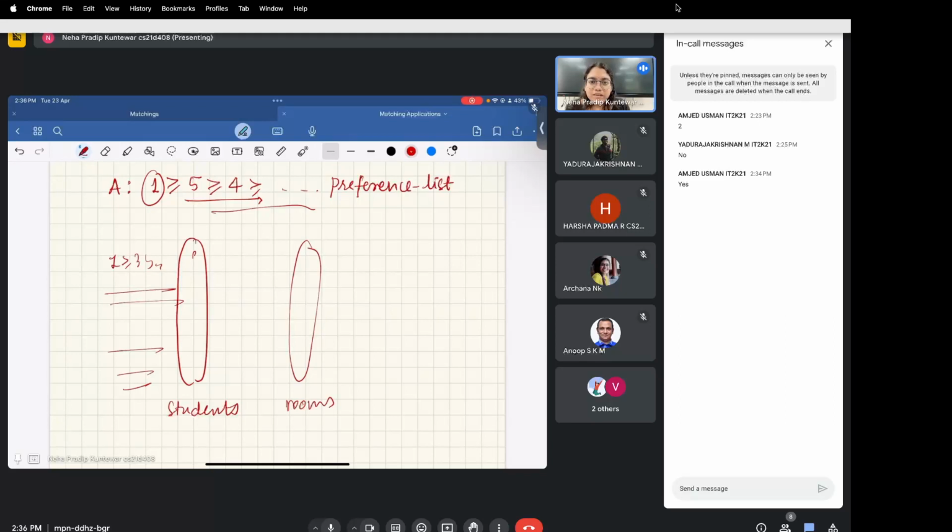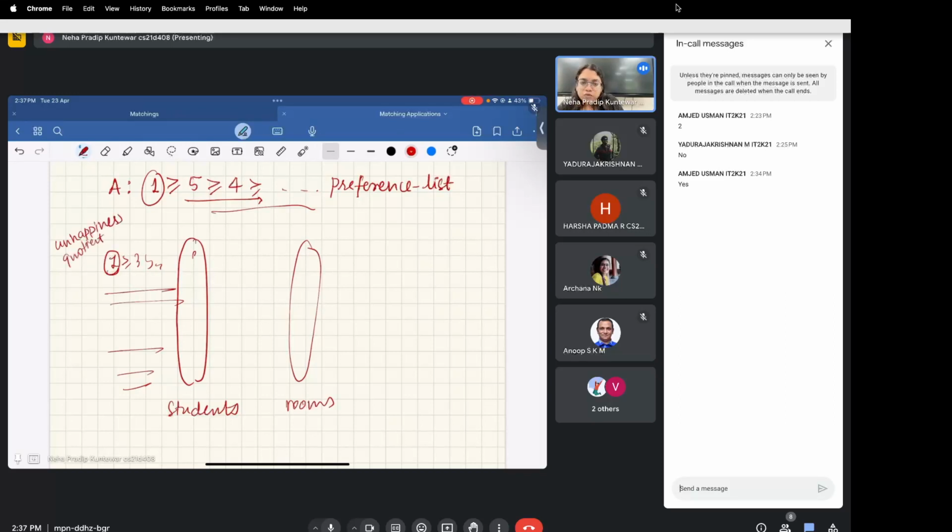Instead of simply keeping a binary value for happy and unhappy, where if the person gets the most preferred room he's happy, otherwise he's unhappy, maybe we will keep some unhappiness quotient per student.